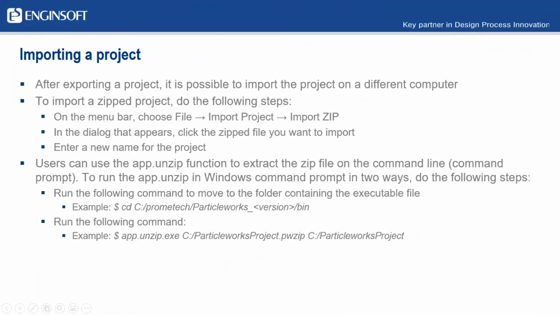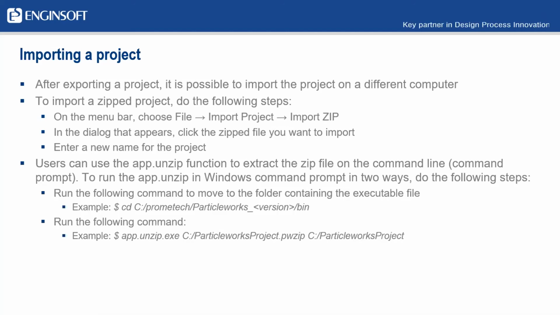And then once you have your project zipped up and you send it over to somebody, you can import that project. And the way to do that is in Particleworks. For those that are familiar with Particleworks, if you click on your menu bar, if you choose File, Import, and then Import Zip, a dialog box similar to the export dialog box will open.